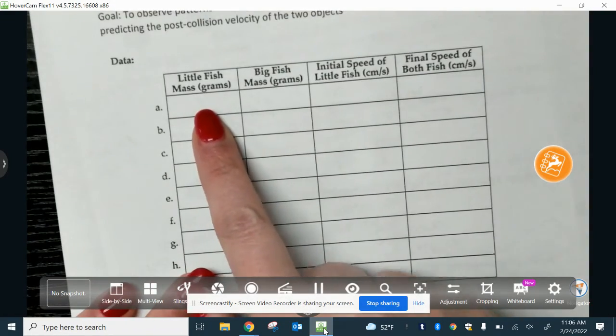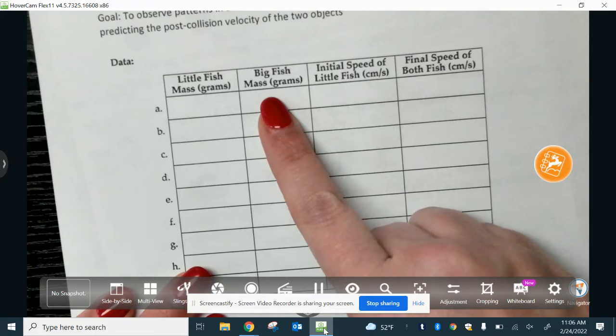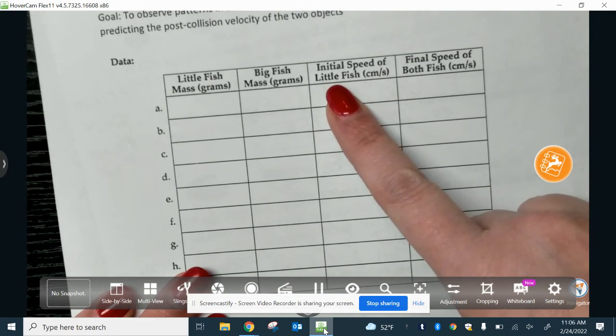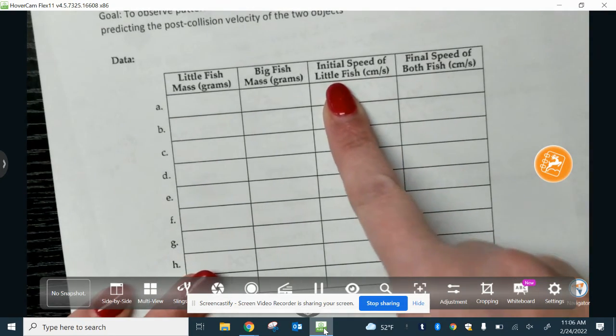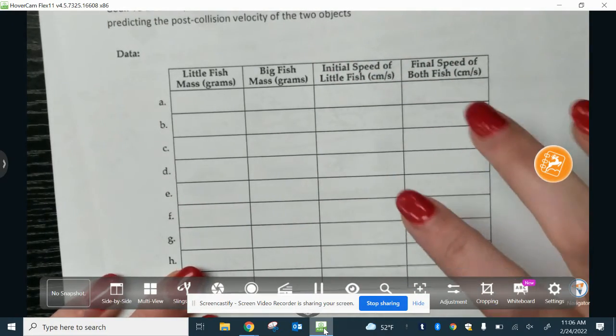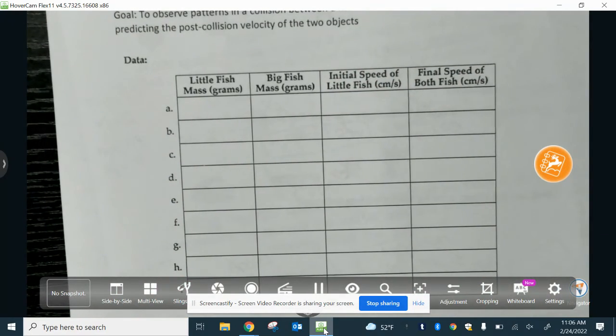So you put the little fish's mass in grams, and the big fish's. There's no spot for the big fish's initial speed because it's always 0 in this online lab. So it just wants the little fish. Then it's going to ask for the final speed of both fish.